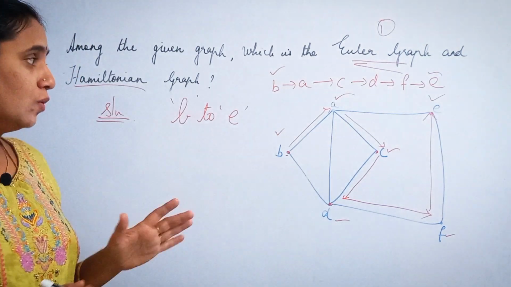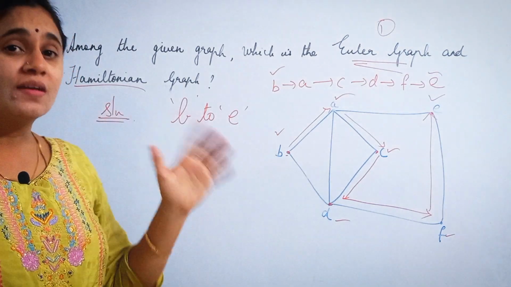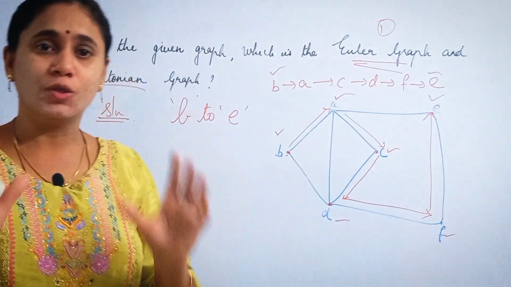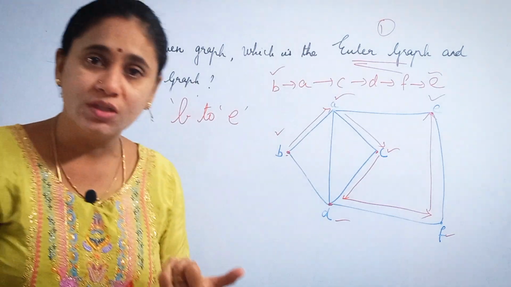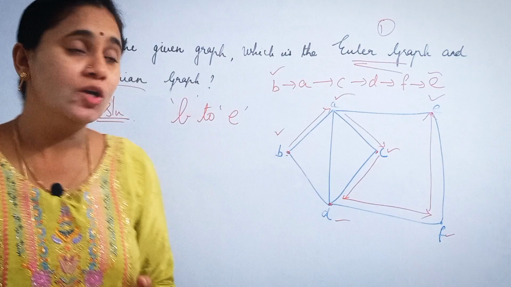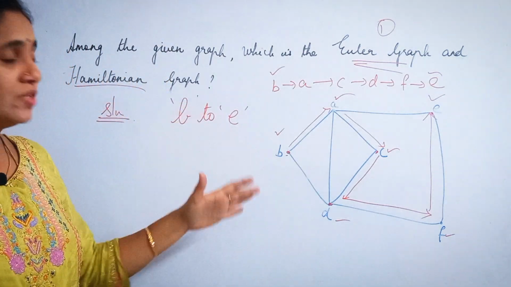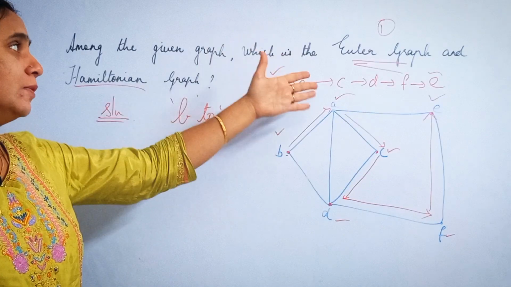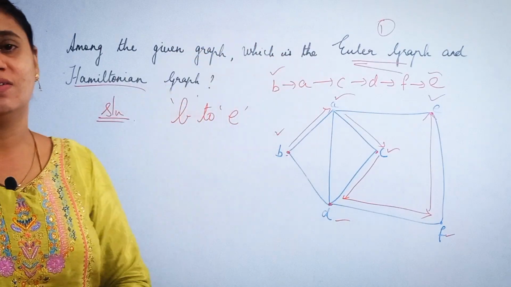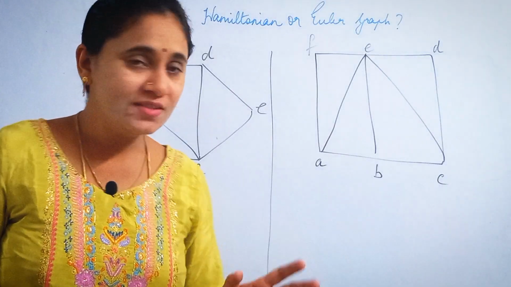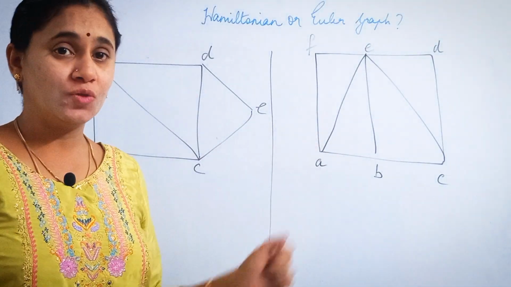Right. Now we have a clear visualization of how to find a Euler graph and a Hamiltonian graph. Now I am going to give you another problem in which we can easily find whether it is a Hamiltonian graph or a Euler graph. I have given you two types of graphs.